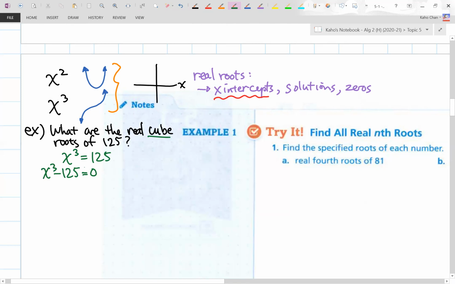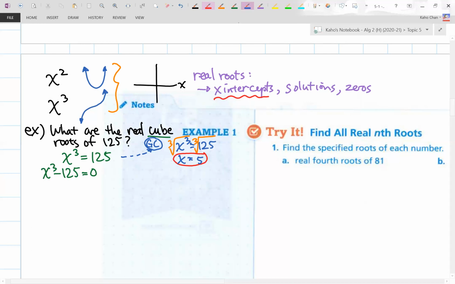And by the way, if you check with your graphing calculator or regular scientific calculator, you can actually solve this problem originally right here, applying the cube root function, because the opposite of cube is cube root. On the graphing calculator, if you cube root both sides, you'll get simply x equals 5. That's the answer. Is that all the answer?